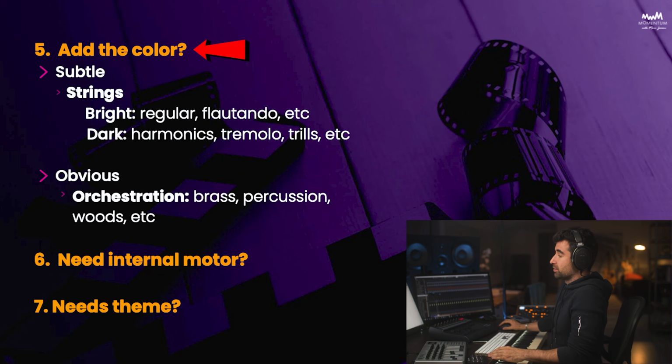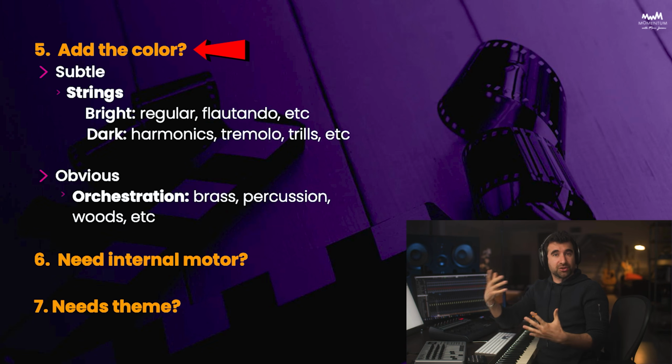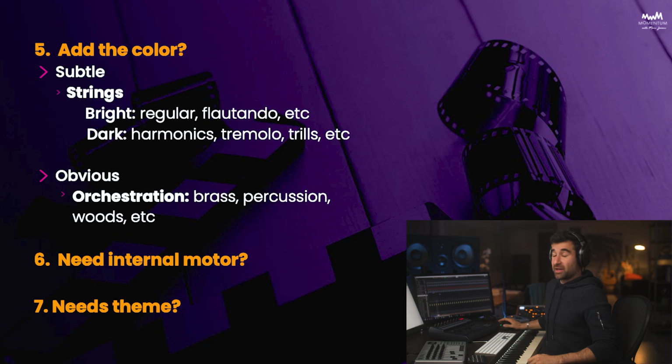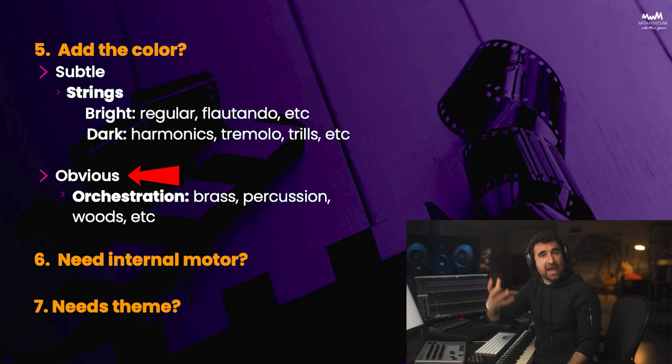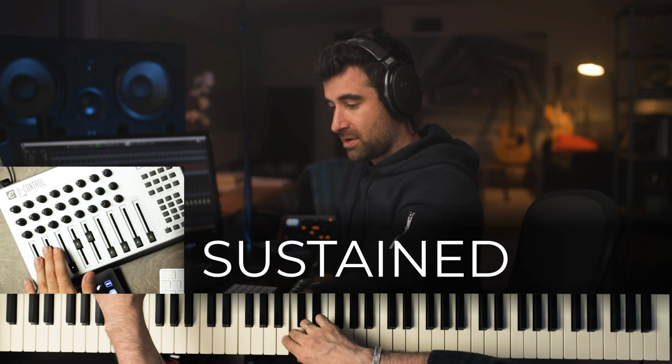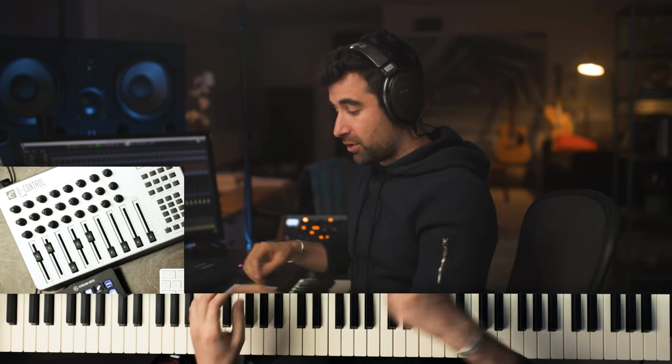Then adding color. Now we also have orchestration. It's equally or even most important when it comes to darkening or making things more bright. We can keep it subtle or more obvious. It depends on the level of change that we need. So if we are with the strings, we can have a sustained note, we've seen that earlier, right? That goes into a tremolo.